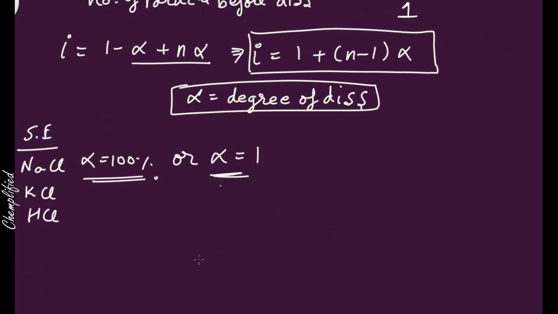So in the case of a strong electrolyte, the value of i will change as 1 minus (n minus 1) alpha, and you know that alpha's value is 1. Substitute the value.